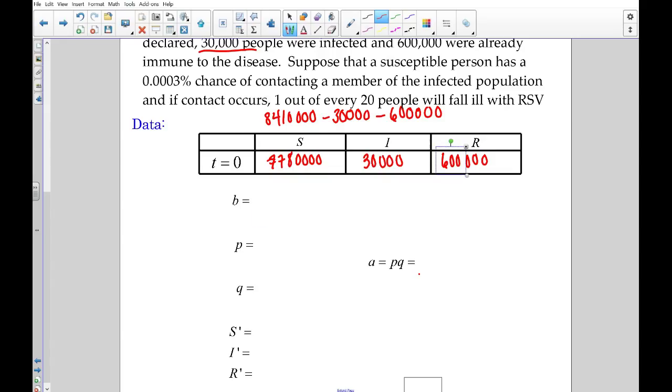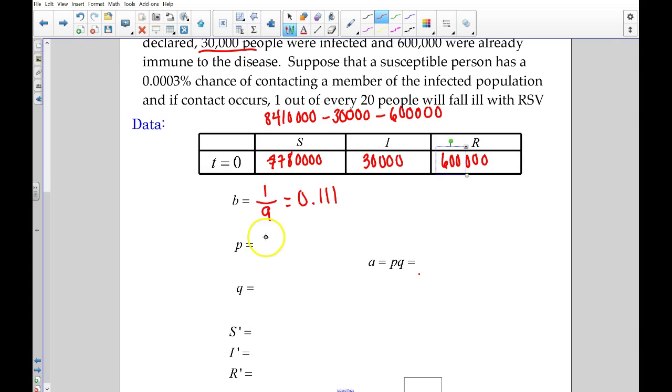This is really 1 out of however long it takes to recover from the disease, so this is 1 out of 9. I'm going to use the approximation 0.111 for this.